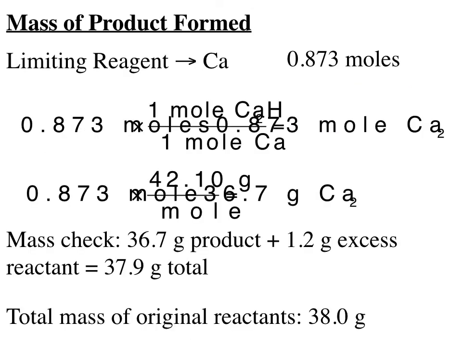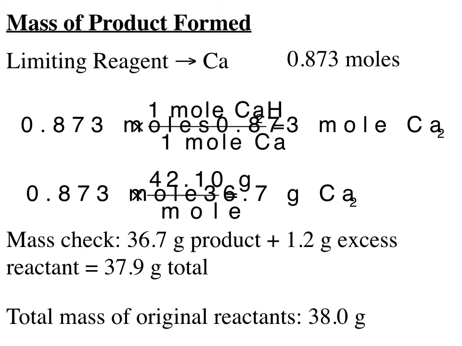We will find the mass of calcium hydride being formed based on the stoichiometry of the limiting reagent. The limiting reagent was 0.873 moles of calcium. Because the stoichiometry of the calcium to the calcium hydride is 1-to-1, I can convert the 0.873 moles of reactant, using that as a conversion factor, into 0.873 moles of calcium hydride product.